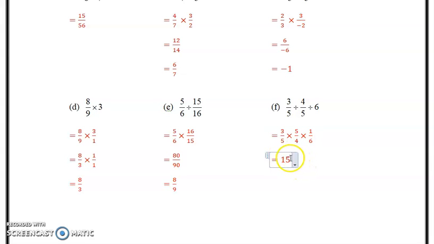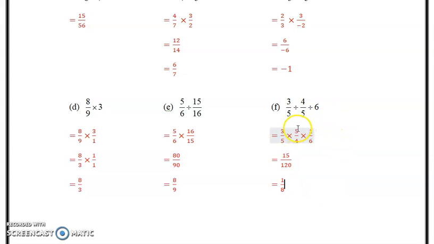So you get 15 in the numerator, and you would get 120 in the denominator, and 120 is divisible by 15, and you get 8.